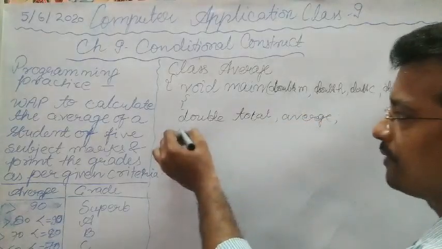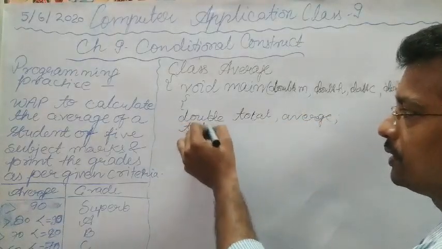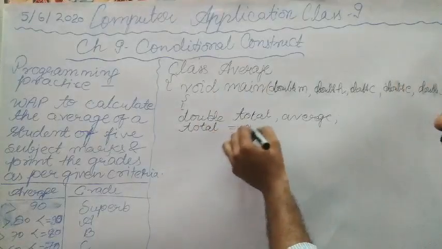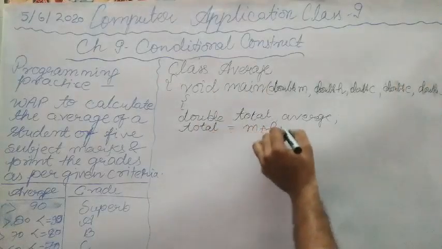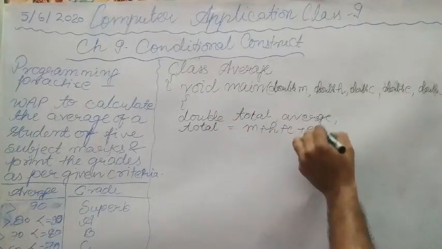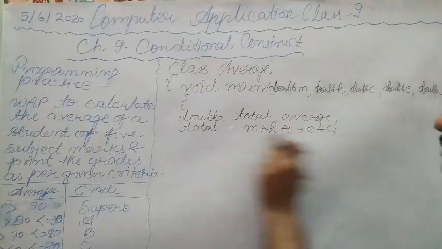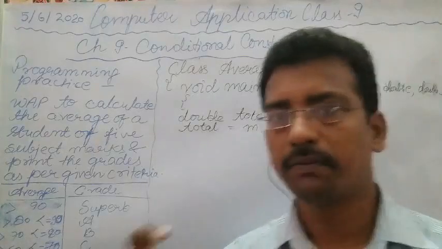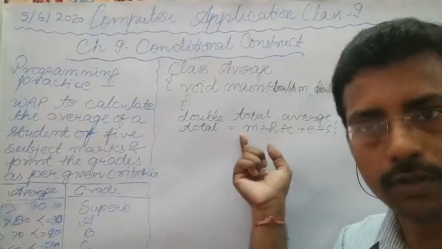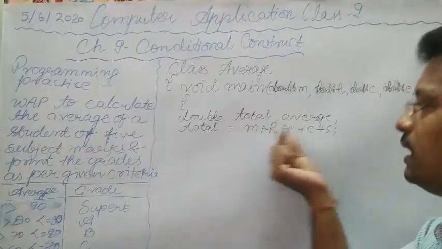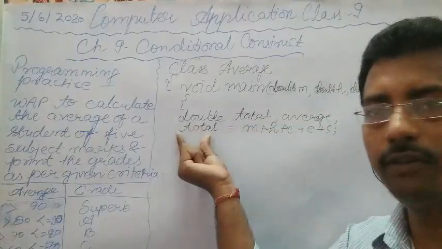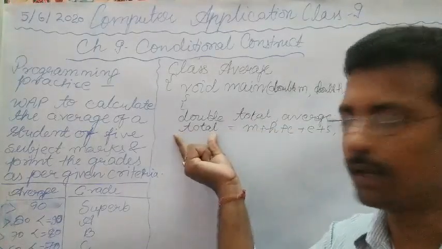So first we will find the total. Total equals M plus H plus C plus E plus S. Means we have taken all 5 subjects, math, Hindi, computer, English and science, and we have got the total of all subjects in the total variable.